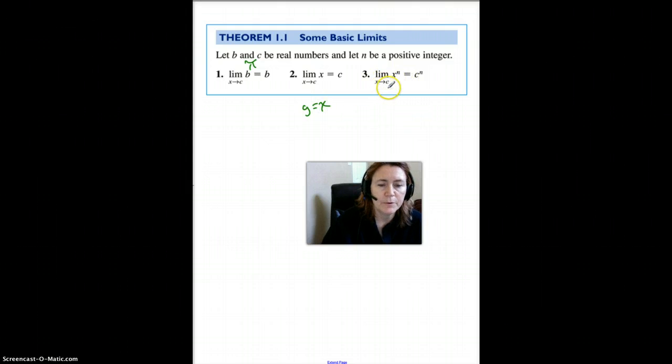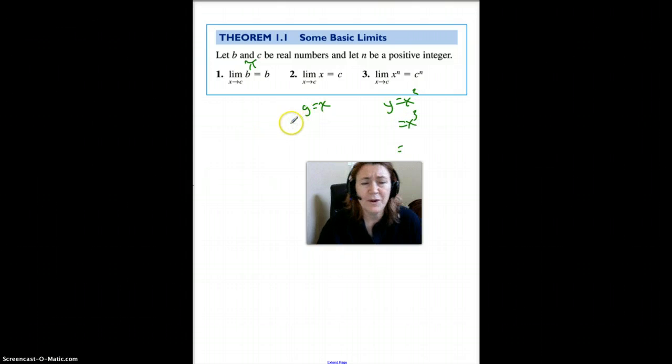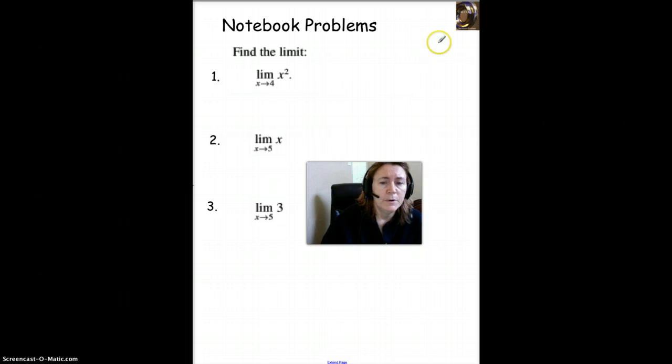And then the limit as x approaches c of x to the n is c to the n. This is my y equals x squared, x cubed, etc. functions. These are very, very straightforward to evaluate. They're continuous. So pause the video and do these 3 notebook problems.